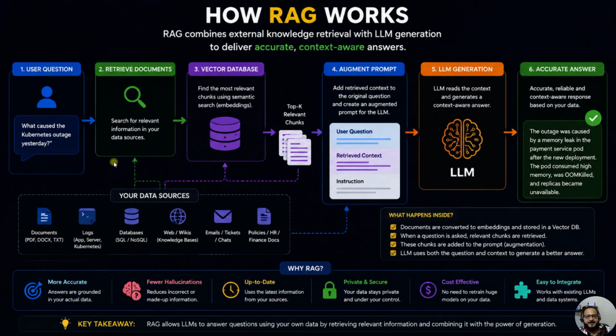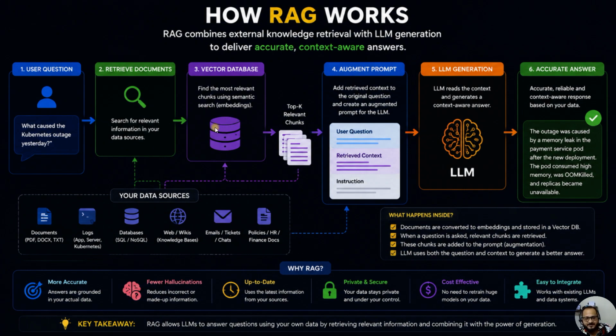And this is the complete pipeline of how RAG works internally. The user asks a question, and first it goes and retrieves the information. Here is your data source: your documents, logs, databases, websites, email policies, all your data. It is going to look for this query inside your data source. All those data sources you store in a vector database.